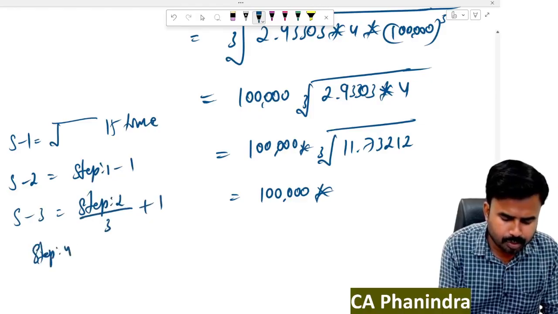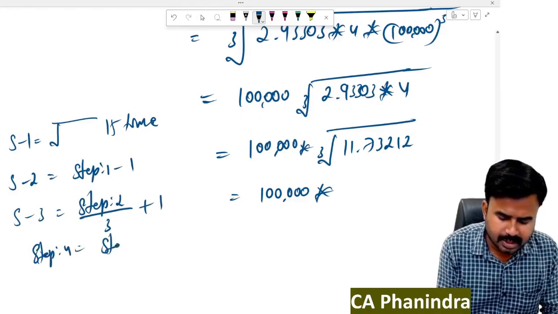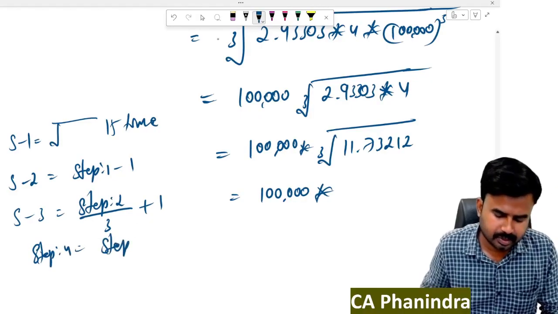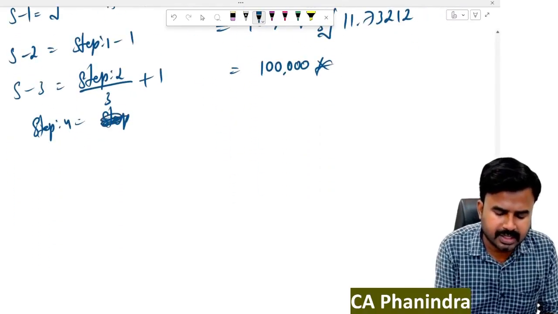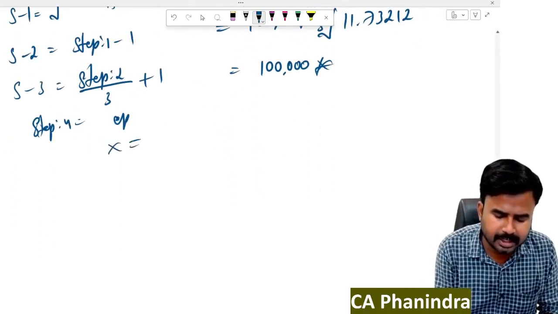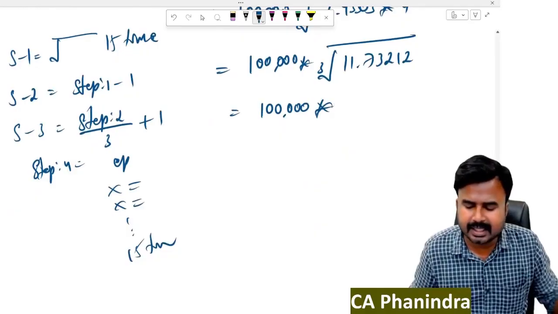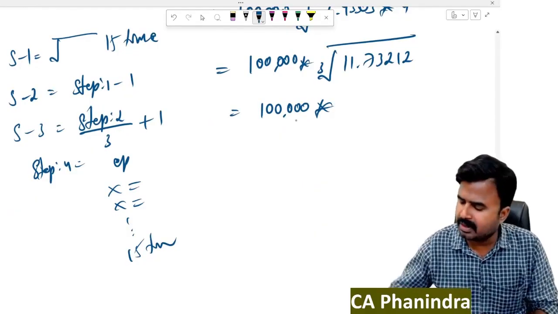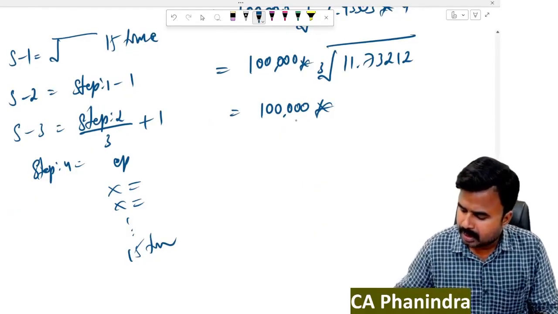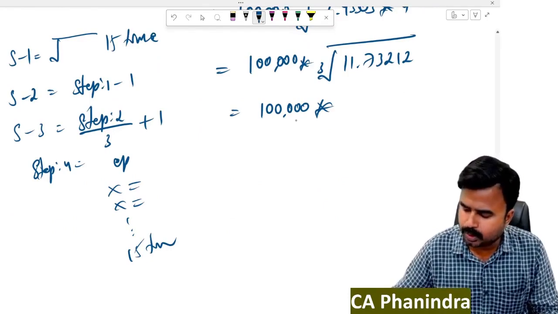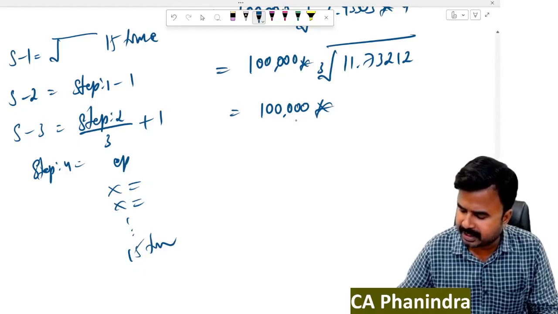Step number 4, step 3 into the original number. If you apply this method, you can easily get this answer. So let me do it. 11.73212, square root 15 times: 1, 2, 3, 4, 5, 6, 7, 8, 9, 10, 11, 12, 13, 14, 15.